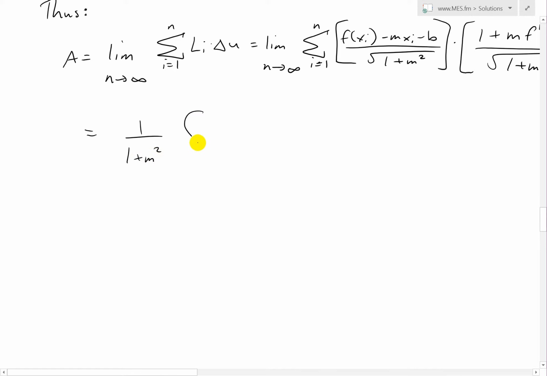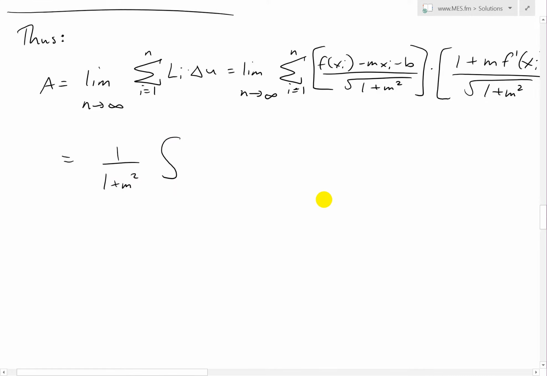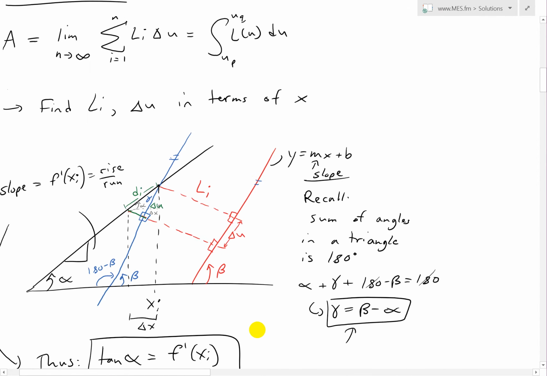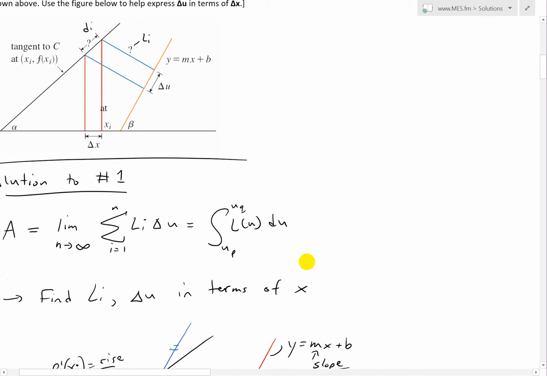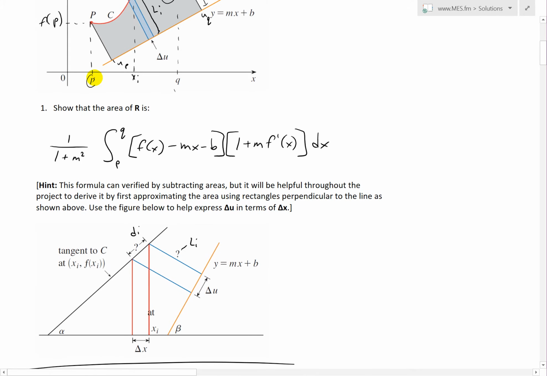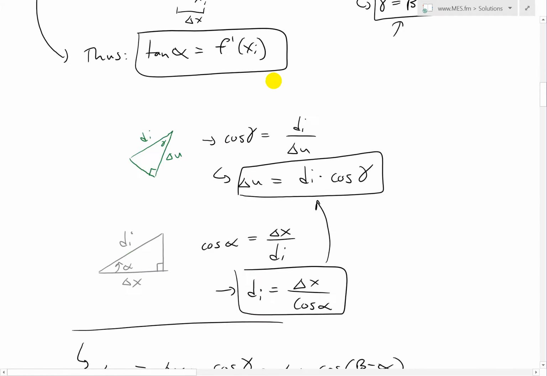And then this is the integral, since we're dealing with terms of x. So here, we're just going to be dealing with p to q instead of u of p, since everything is in terms of x.